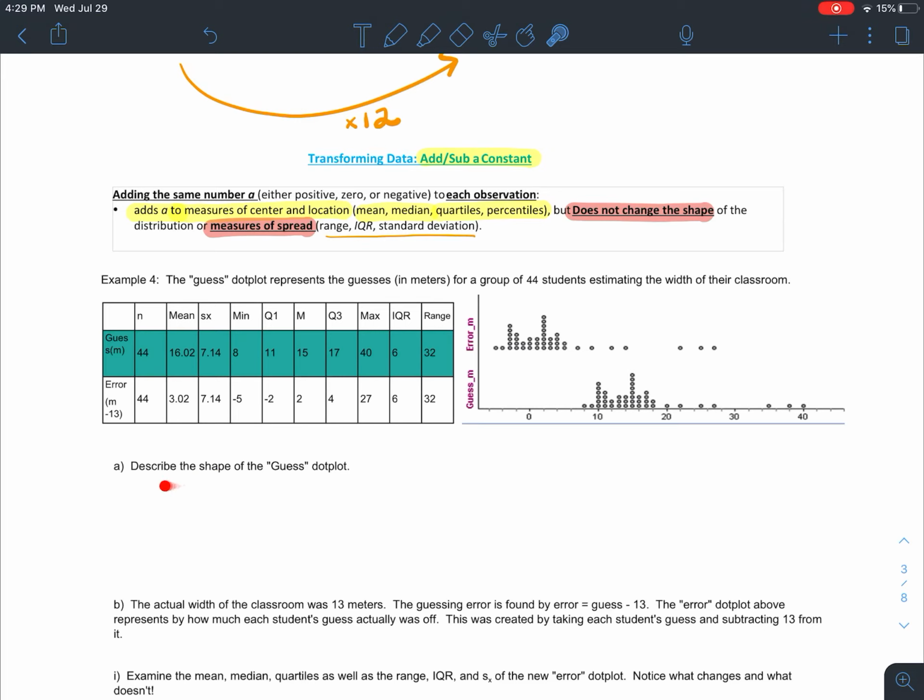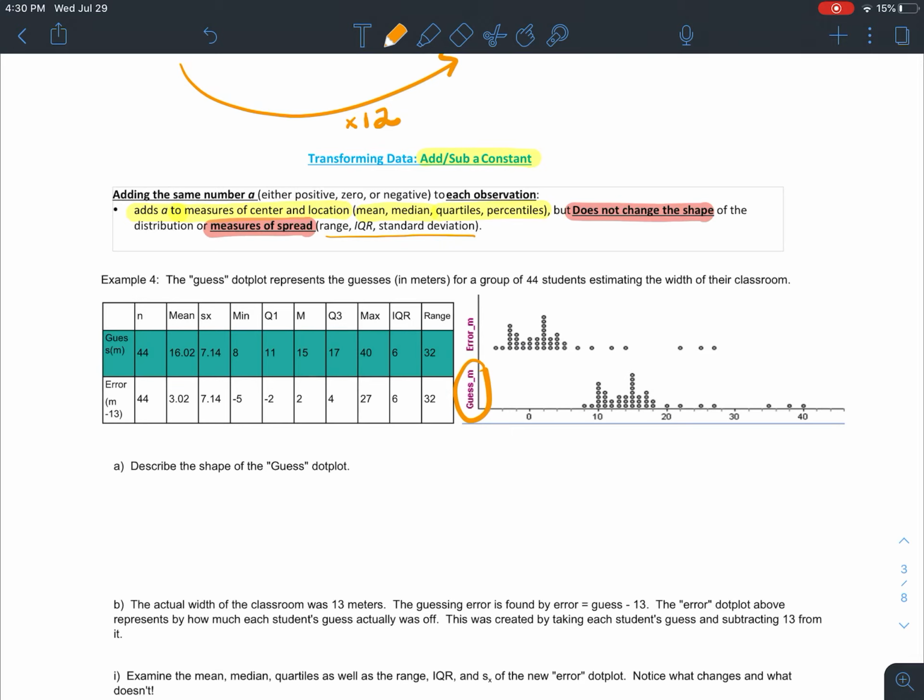Before we get into that, we're going to describe the shape of this guess dot plot. We're going to do the shape, the center, and the spread.